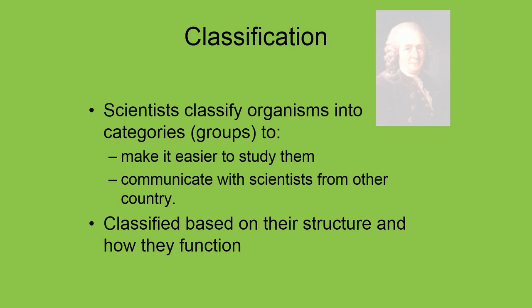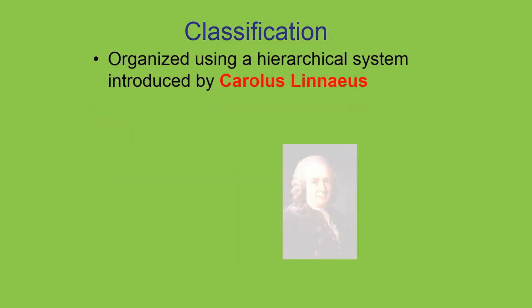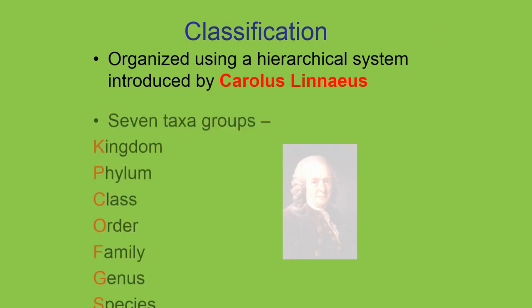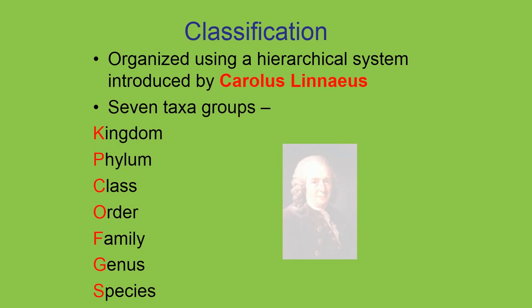Now let's move on to the next slide, where classification was organized using a hierarchical system introduced by Carolus Linnaeus. He was the scientist who actually arranged living organisms into 7 groups, and these are called 7 taxa groups. I'm going to tell you what taxa means, taxonomy, in the next slide.